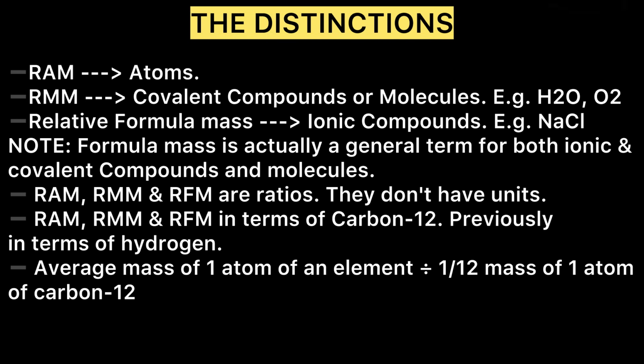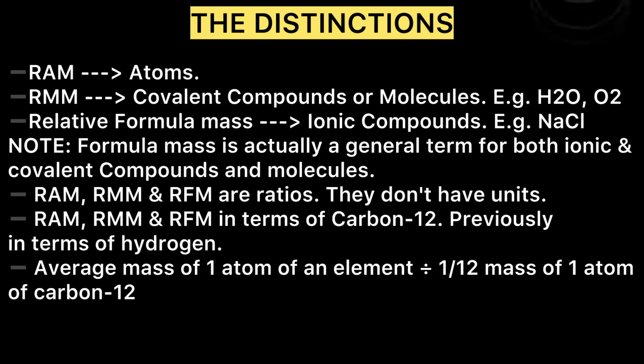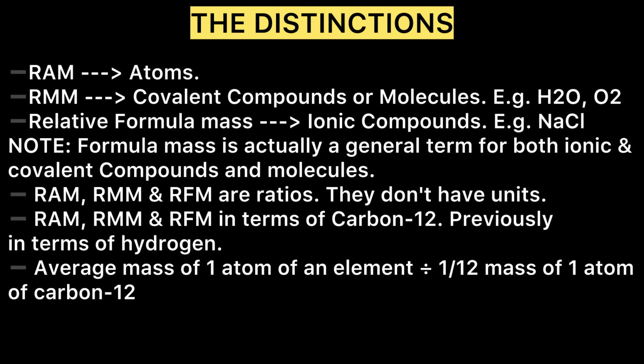Why do I say they are just ratios? Because the definition of relative atomic mass is, for instance, let's use oxygen as an example: the relative atomic mass of oxygen is the average mass of one atom of oxygen divided by 1/12 the mass of one atom of carbon-12. Why do we say 1/12 the mass of one atom of carbon-12? Since we have carbon-12, the relative atomic mass of carbon is 12.